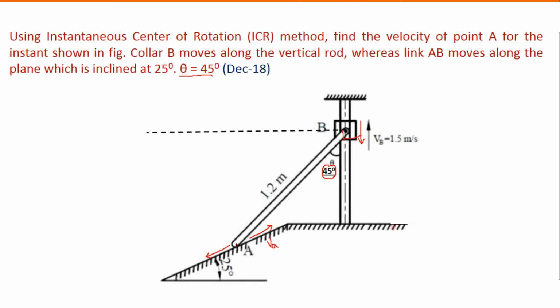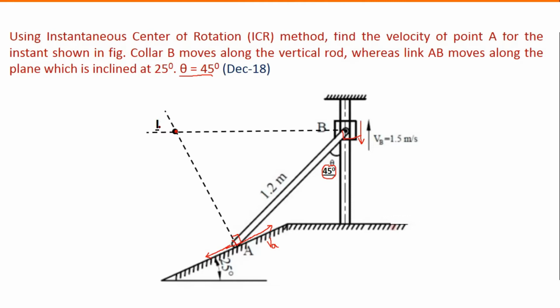Now at point A, the point is moving along this direction at this instant, so the perpendicular to this line of velocity will be somewhat like this. I will make this my line. You can see that this line is perpendicular to the velocity. Wherever these two perpendiculars meet, that is your ICR. There is only one ICR, so I have named it I.